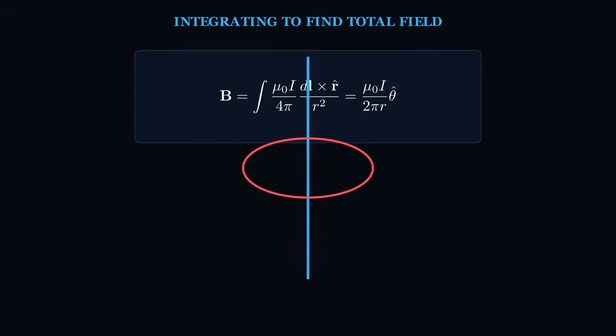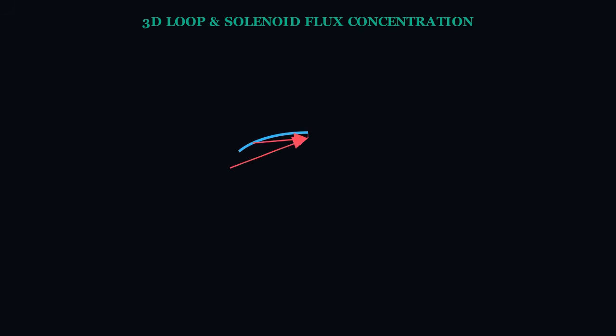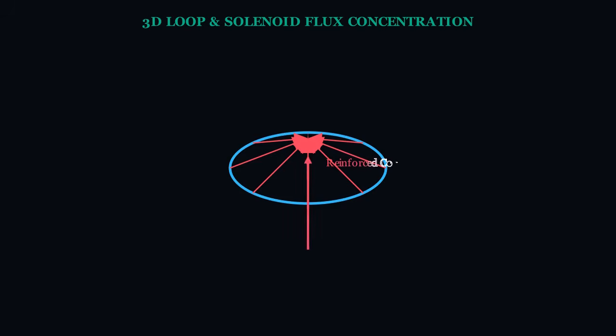For an infinitely long straight wire, the math simplifies beautifully. The components of the field that might point up or down cancel each other out due to symmetry, leaving only the pure circular rotation. This result, B equals mu 0 I over 2 pi r, shows us that the field lines are perfect circles centered on the wire. The geometry tells us that the magnetic field is a vortex, a continuous swirl with no beginning and no end.